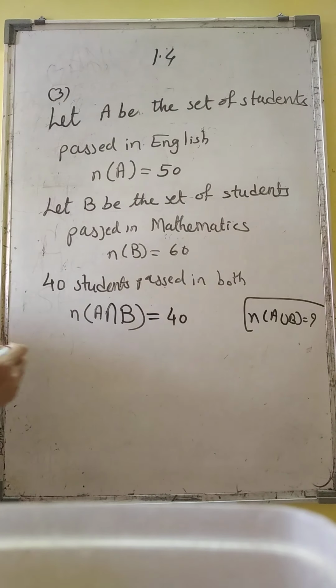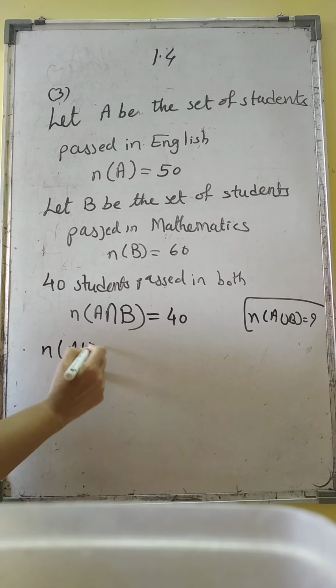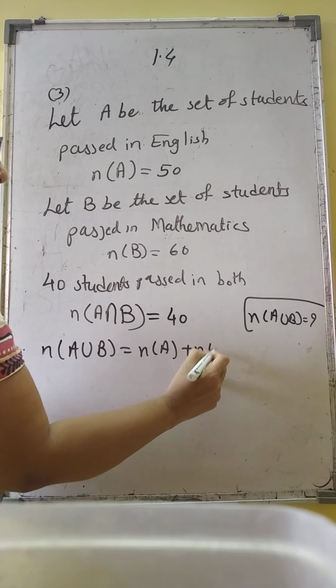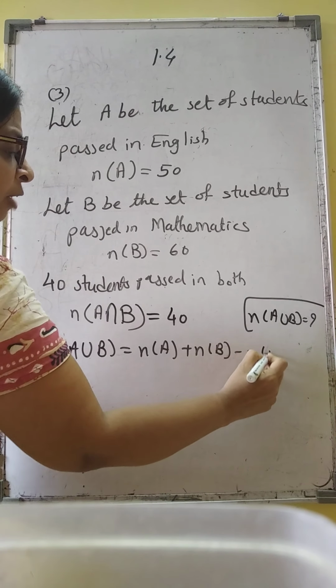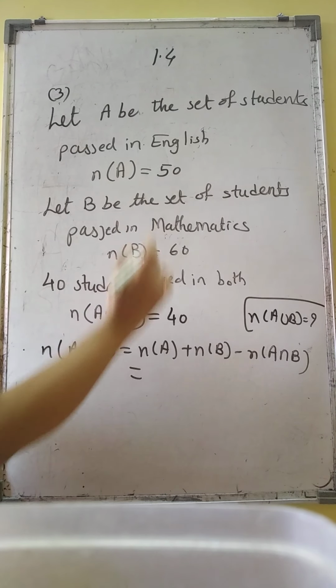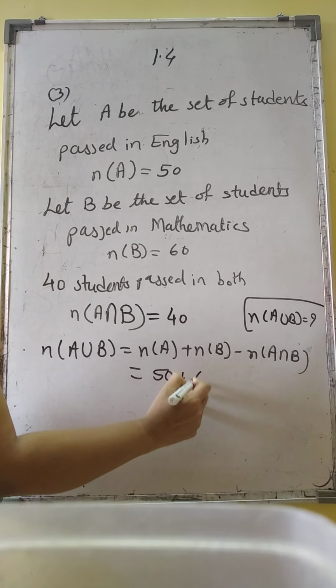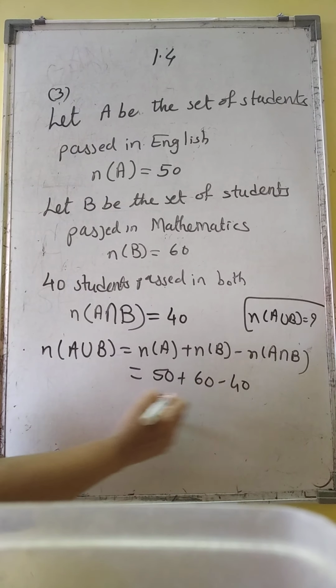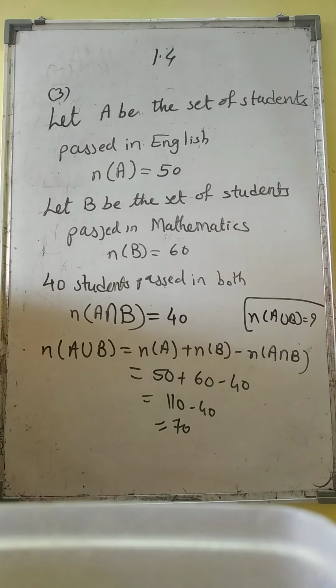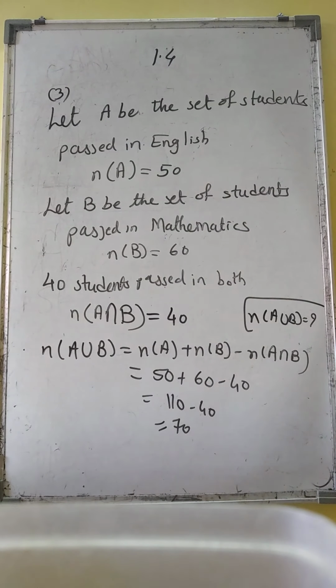So let us use the formula. n of A union B is equal to n of A plus n of B minus n of A intersection B. So that is 50 plus 60 minus 40. 50 plus 60 is 110 minus 40. This comes out to be 70.